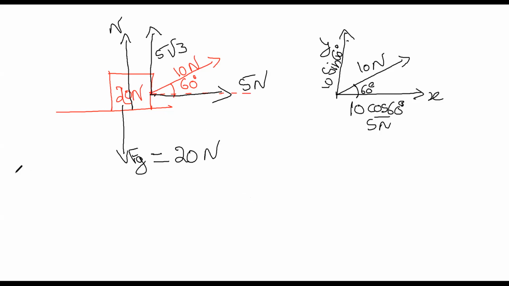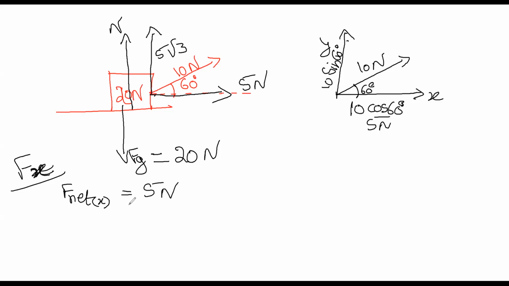Now, first we will write Fx. Draw a line. Means we are calculating what is the force along x direction. Now tell me what are the forces along x direction. So 5 Newton. Only 5 Newton.